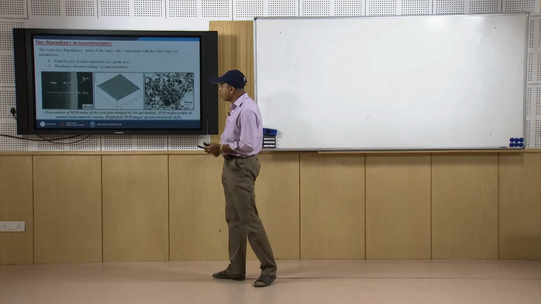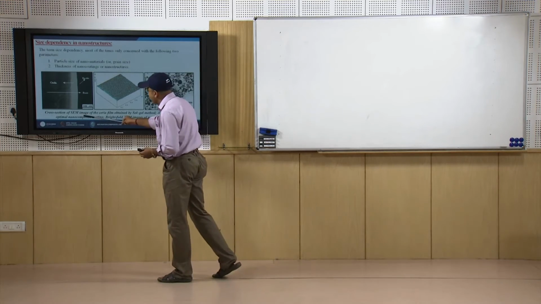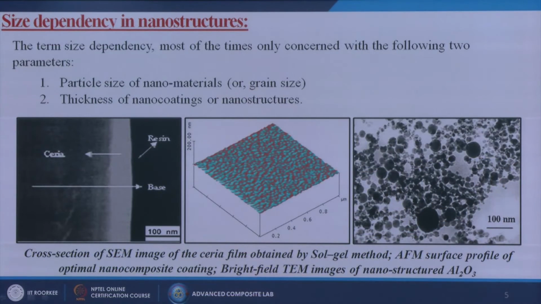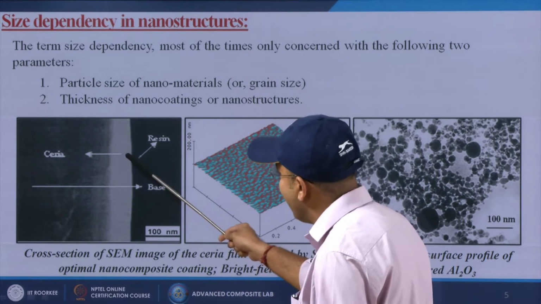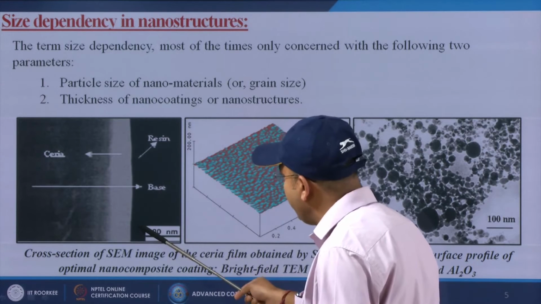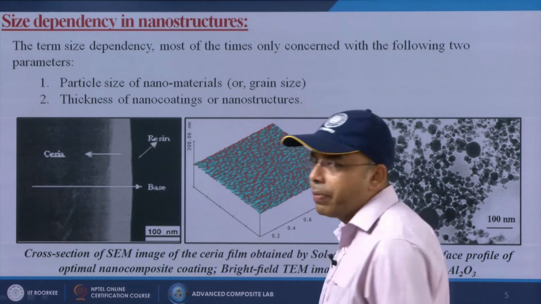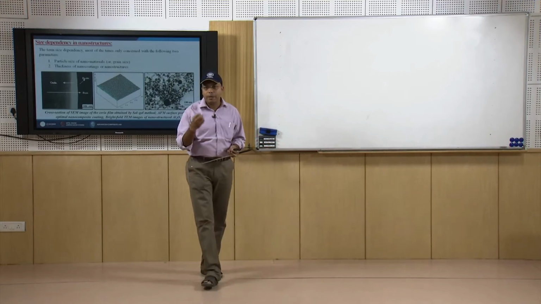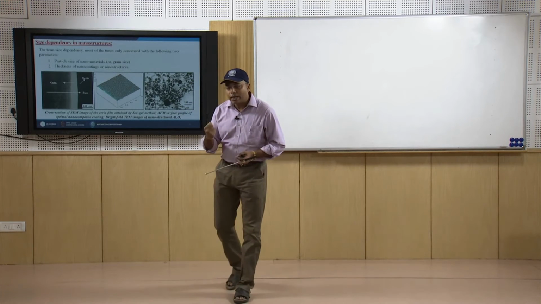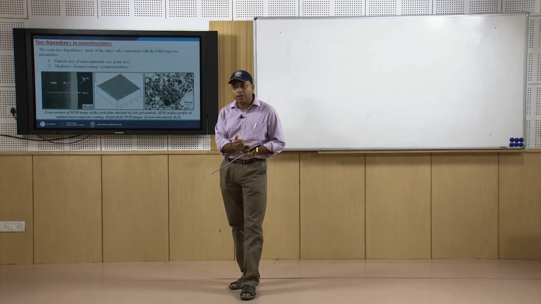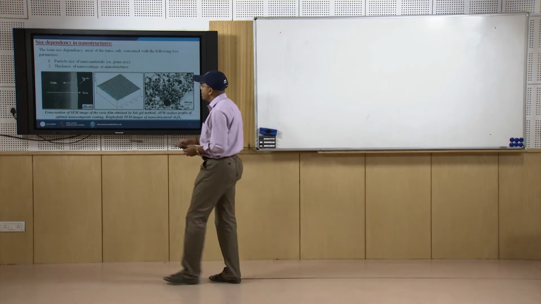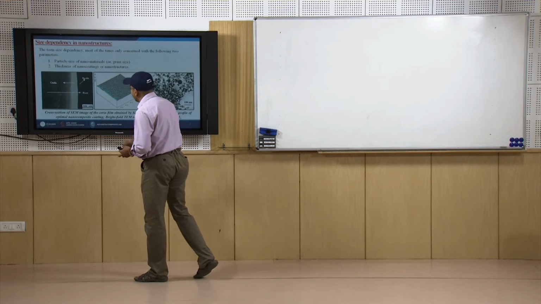First is the cross section scanning electron microscope image of the Ceria film obtained by sol gel method. Here this is our base material, then the Ceria film has been formed on the substrate, and in between we have some resins. The resin acts as a binder, enhancing the adsorption between the substrate and the coating, by which the Ceria film sticks with the base material.